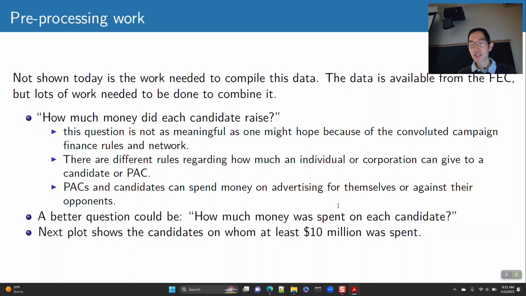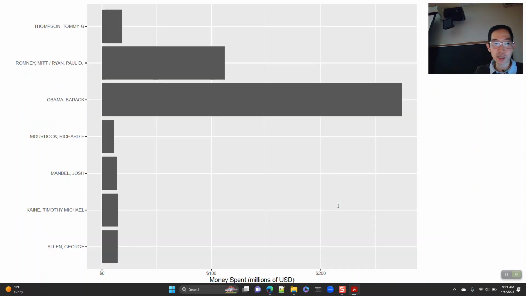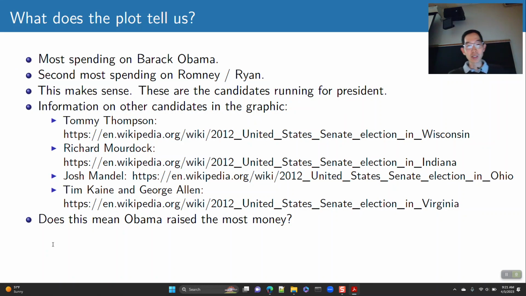We're going to look at some of the top candidates where at least $10 million was spent. We have Mitt Romney, Barack Obama, and then there are others: Tommy Thompson, Richard Murdoch, Josh Mandel, Tim Kaine, George Allen. I don't know if any of those names sound familiar.